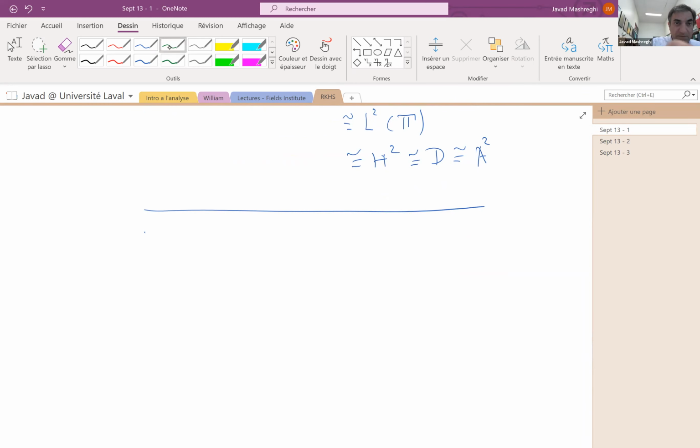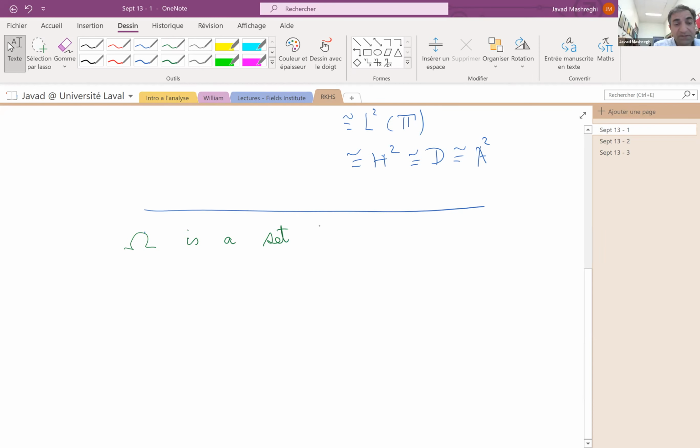So here, to give the definition, assume that omega is a set. No further restriction on omega, it doesn't matter what it is.